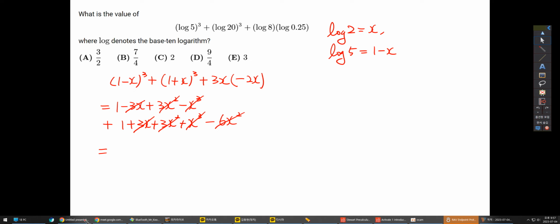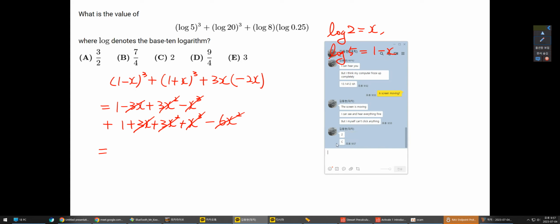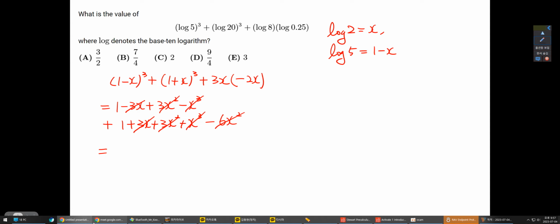Send me the text. Can you find the value from the choices? Oh, yep, 2. Yep, you're right. Yep, C is the answer.